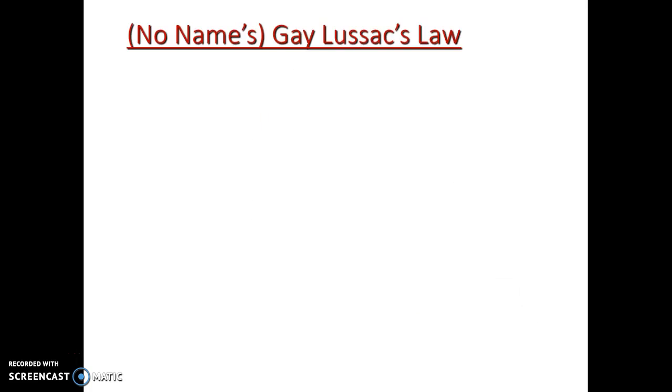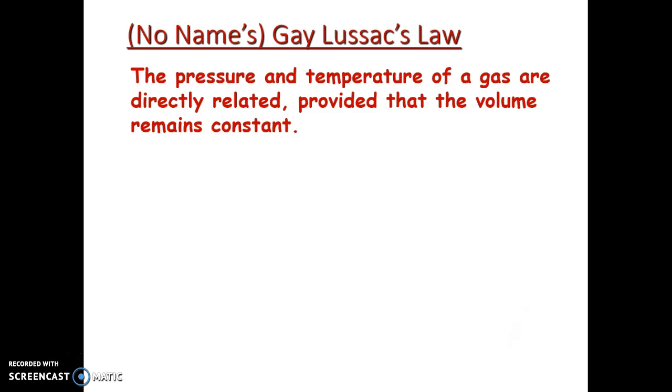Okay? No name's or Gay-Lussac's law. Now, some people call it no name's law because there were several men working on the stuff at the same time, so they didn't want to give just one guy any particular credit. So we see that we have Gay-Lussac's law. It says that pressure and temperature of a gas are directly related. So here we go.